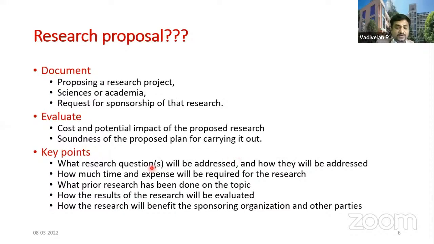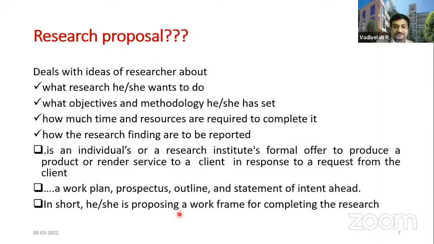And the other most important thing is how the research will benefit the sponsoring organization and other parties. So nowadays, you know, it is from the bench to the market. Whatever research proposal we are going to take, they are saying it should come out in the form of a patent and it should be available in the market. That is what they are expecting nowadays.